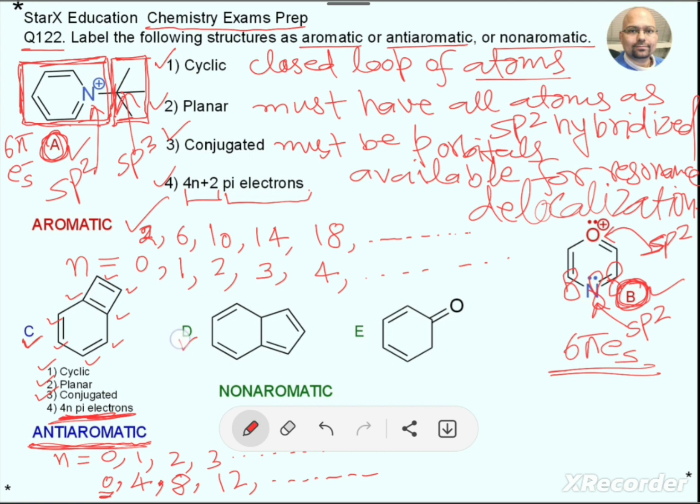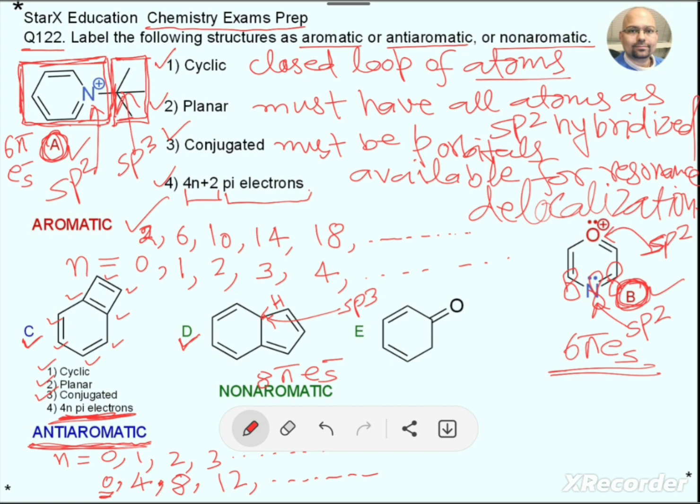Now species D, if you look quickly, one might confuse this as being antiaromatic, because we quickly see there are 8 pi electrons. But in this case we need to watch more closely, because this carbon here has one hydrogen atom, and that's why this carbon becomes sp3 hybridized.